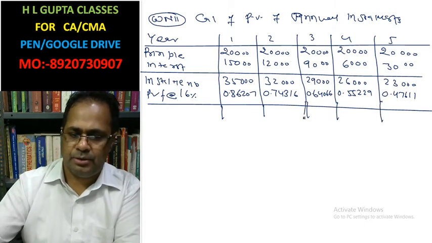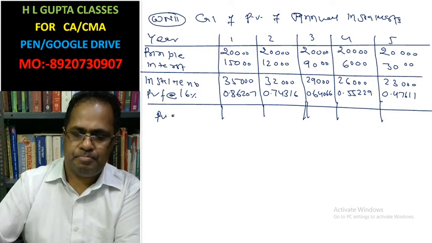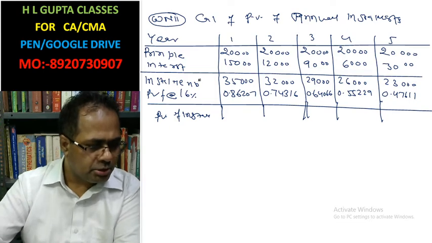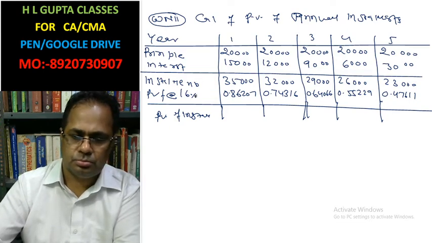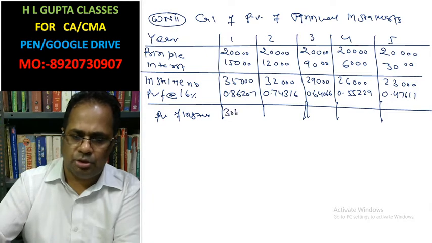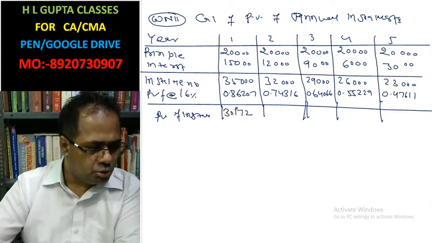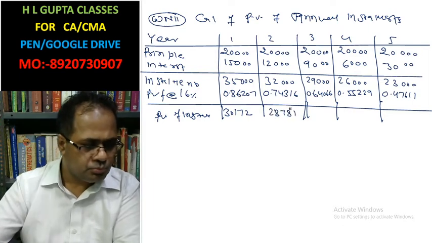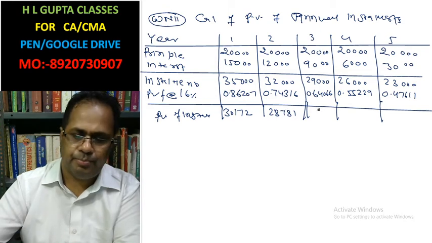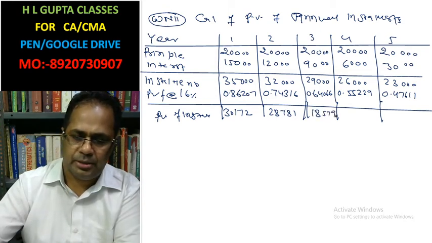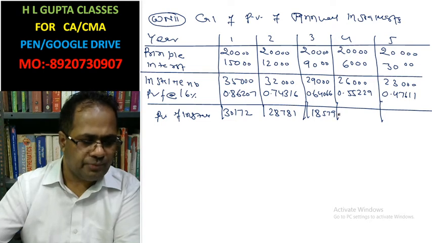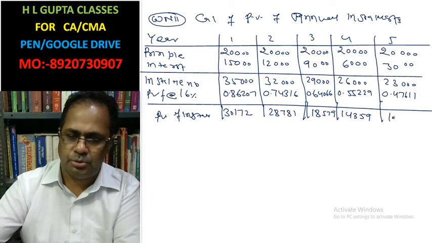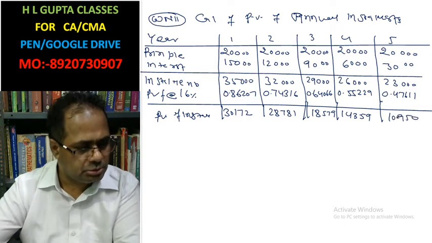You write at present value of installment. This is 30172, 28781, 18579, 14359, 10950.